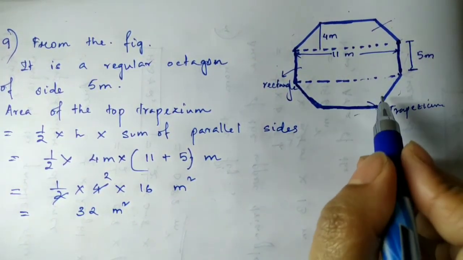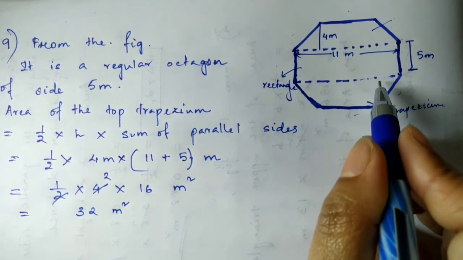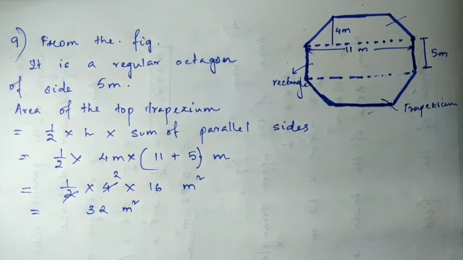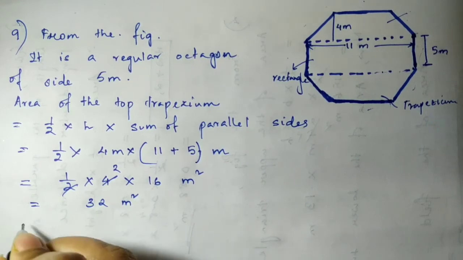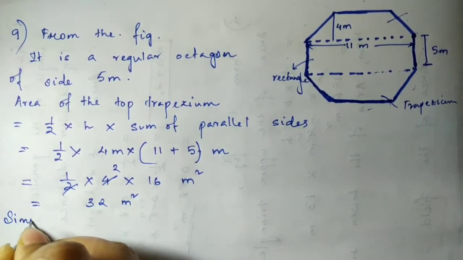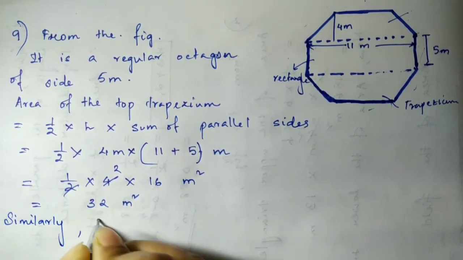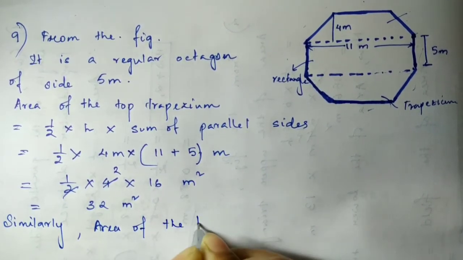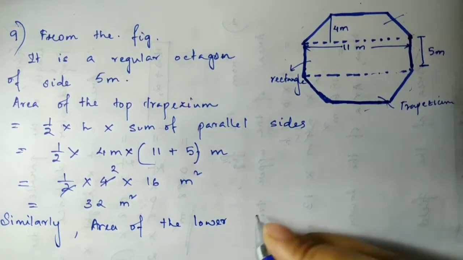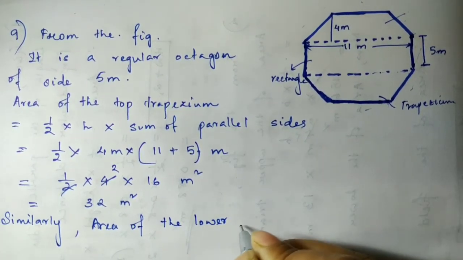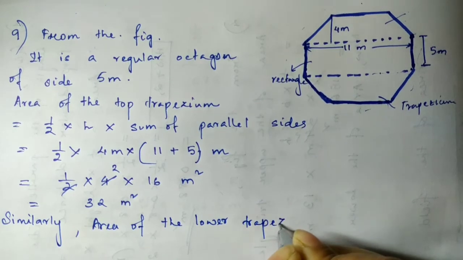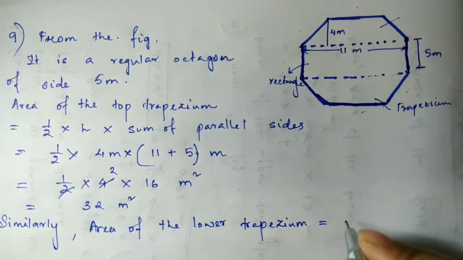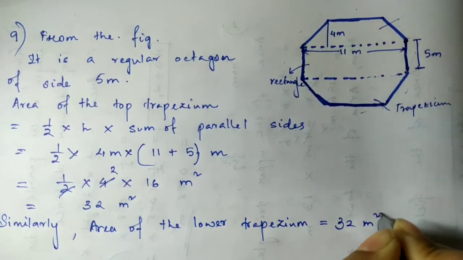The area of the lower trapezium, the bottom trapezium, will also be the same. I can just directly write it down. Similarly, the area of the lower trapezium, I don't have to find again, will also be equal to 32 meters square. So I am done with these two.